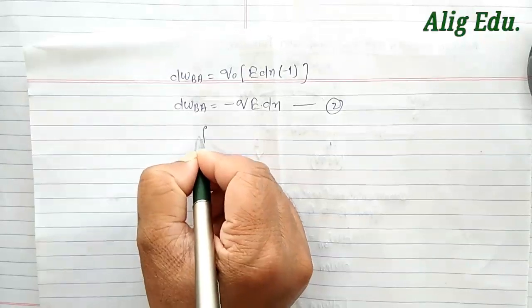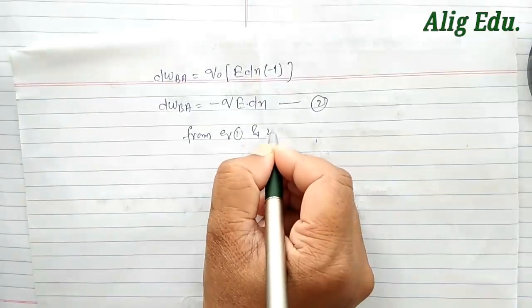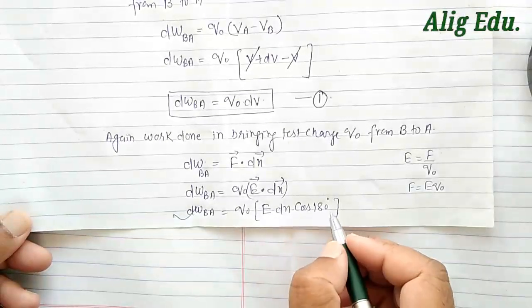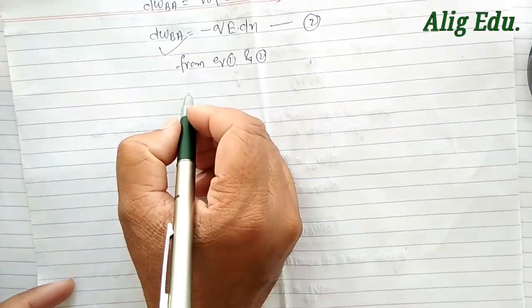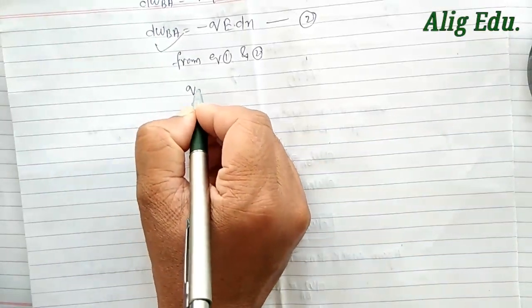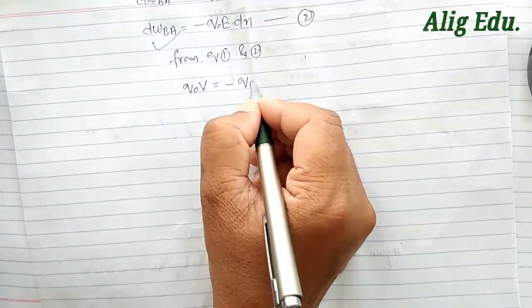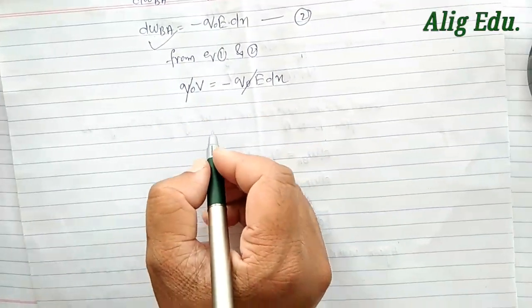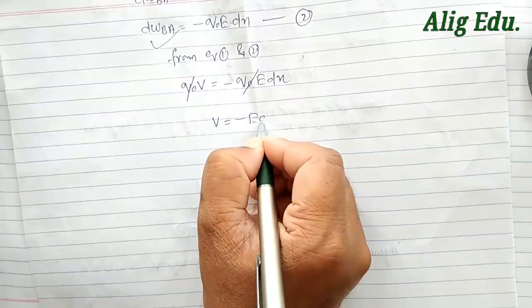So now comparing these two equations, the WBA of equation 2 and the WBA of equation 1 are the same. Comparing them, we get Q naught dV is equal to minus Q naught E dx. Q naught and Q naught cancel out, so dV is equal to minus E dx.